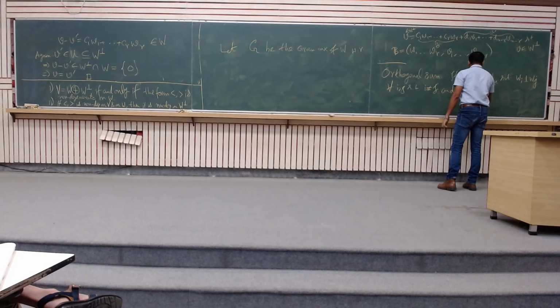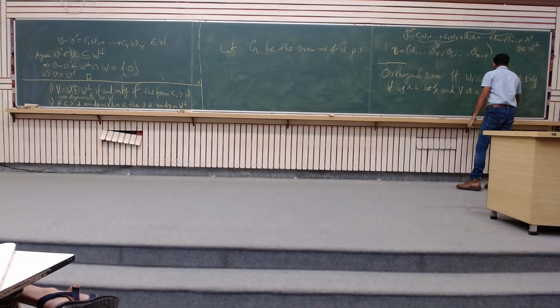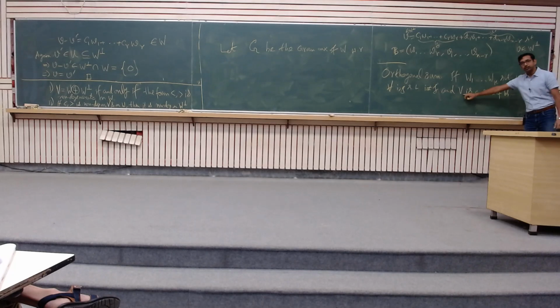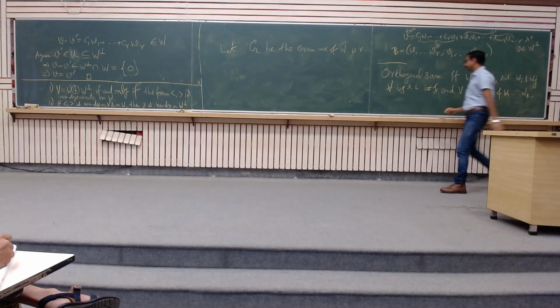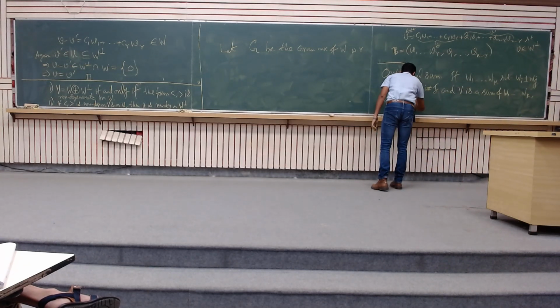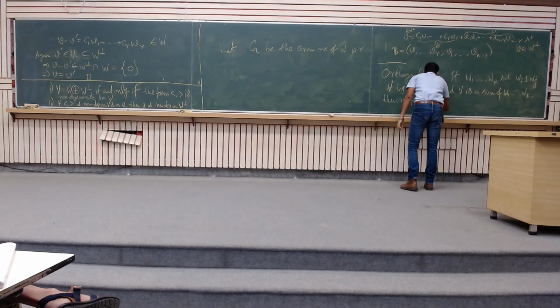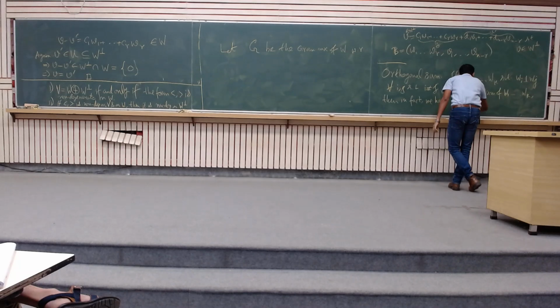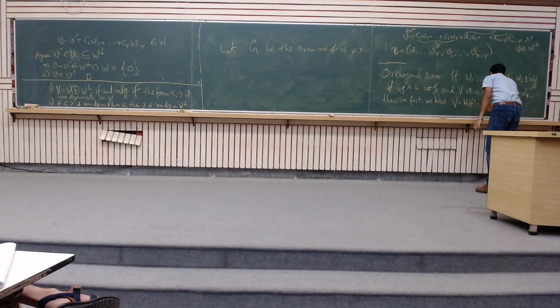And V is a sum of W1 dot dot dot Wk, that is, every vector in V can be expressed as a sum of vectors in W1 dot dot dot Wk. Then in fact we have V is equal to W1 direct sum dot dot dot direct sum Wk.